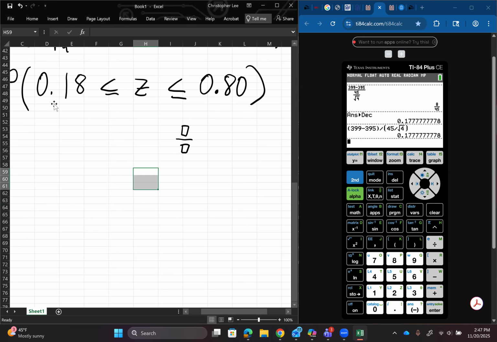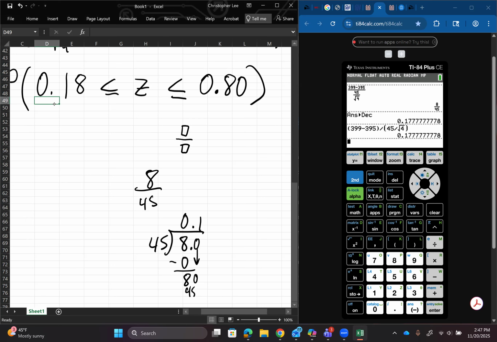You got 8 over 45, so you do 45 goes into 8 like that. 45 goes into 8 0 times, and then this is going to be 8, then decimal point here. You bring that down. So 45 into 80, that's 1. Long division, that's how you do it.